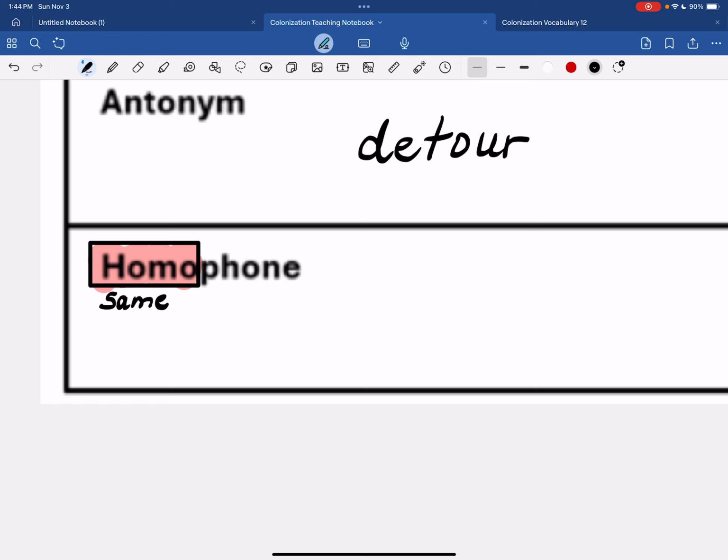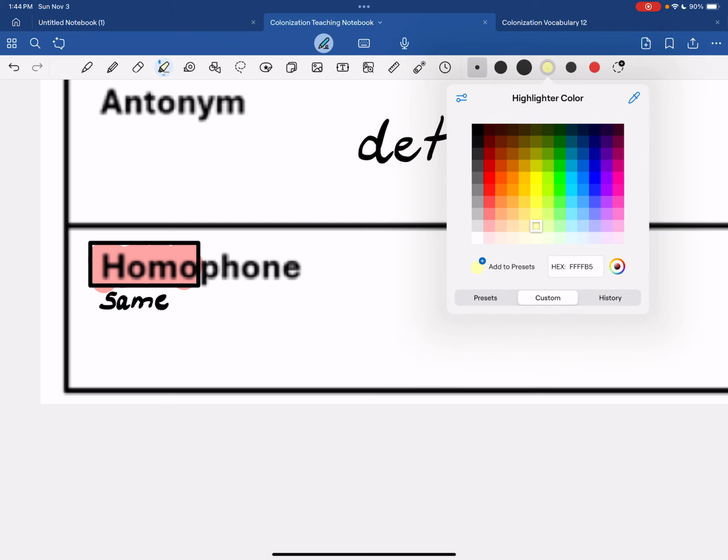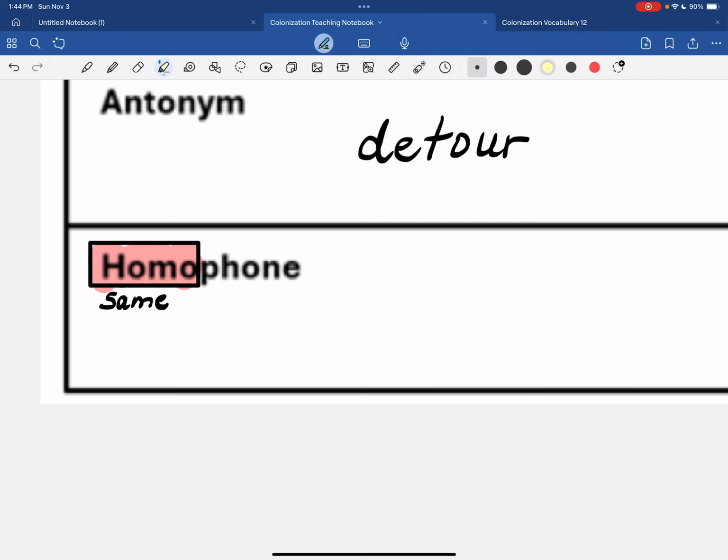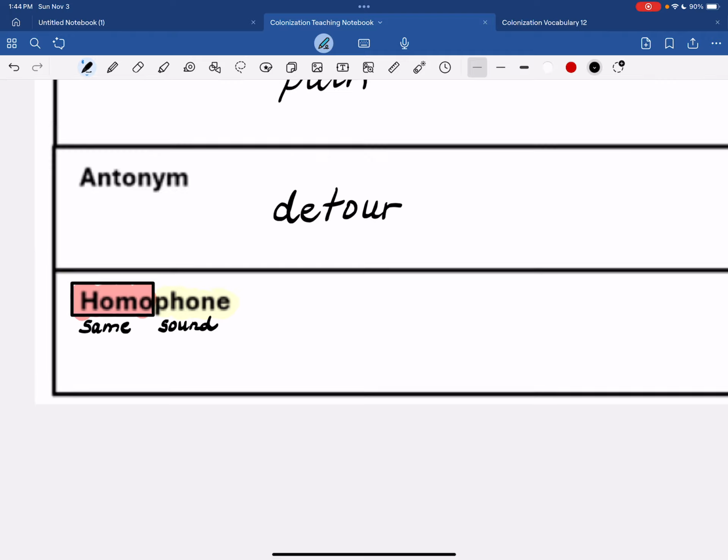It's very common in science. Phone in science means sound. So a homophone is a word that sounds the same but is spelled differently. Homophone is same sound.